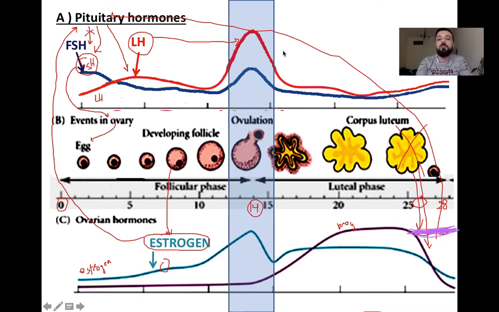In addition, the estrogen levels will remain constant, meaning they will not drop. They will continue in linear lines until how many months? 9. As long as pregnancy is taking place, the placenta is still producing estrogen and progesterone. The high levels of estrogen and progesterone will prevent, as we said, the secretion of FSH and LH, or the start of a new cycle.